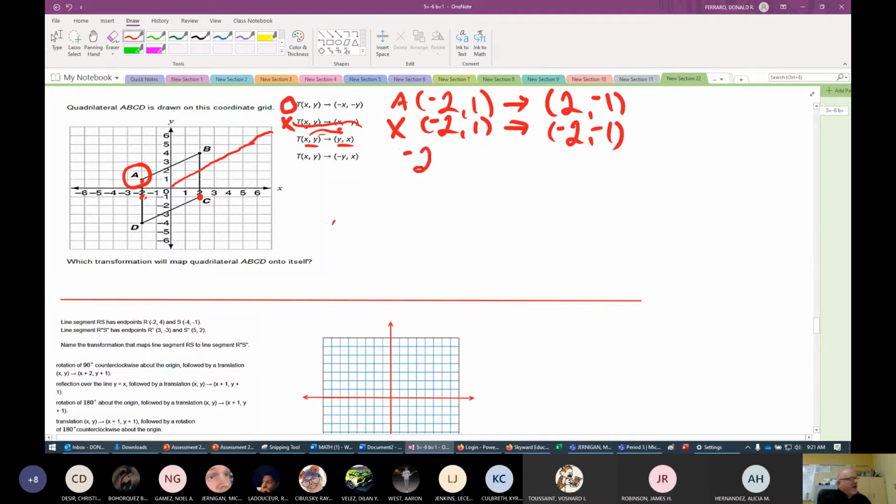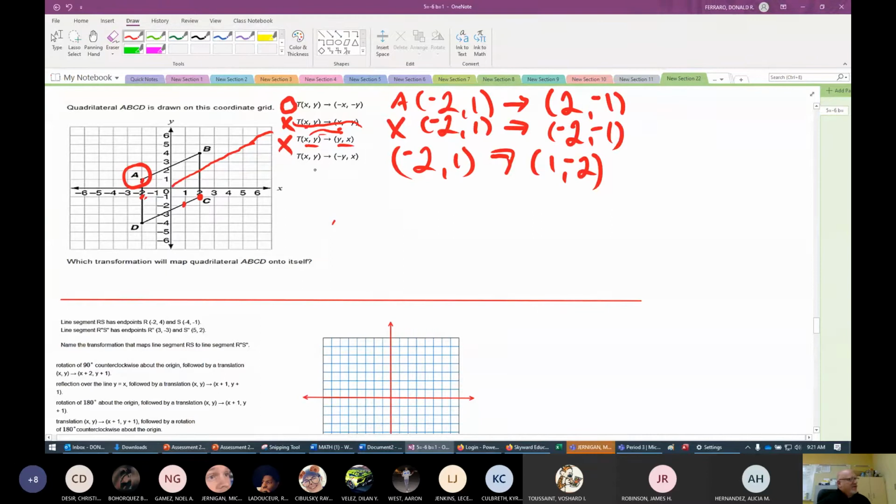So I've got -2, 1, and in that case the y value is going to go into the x area. So that's going to be 1, -2. So x became y and y became x. Now if I map that, I've got 1, -2, and that is not on a vertex. So that one does not count.